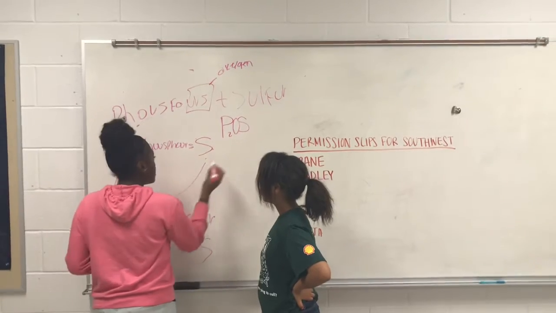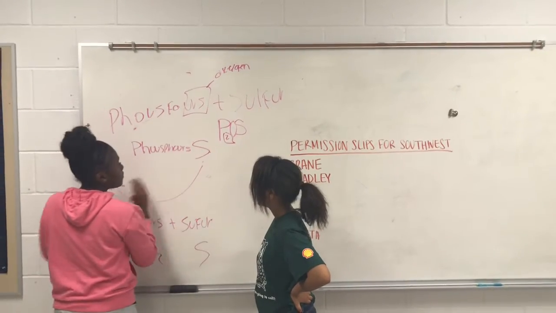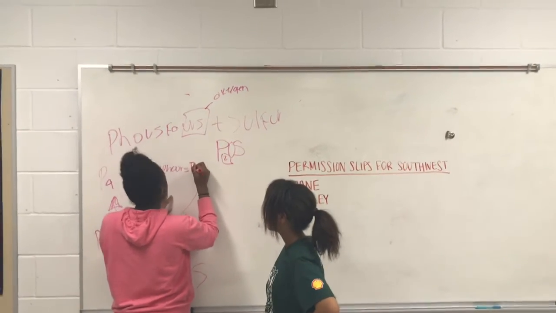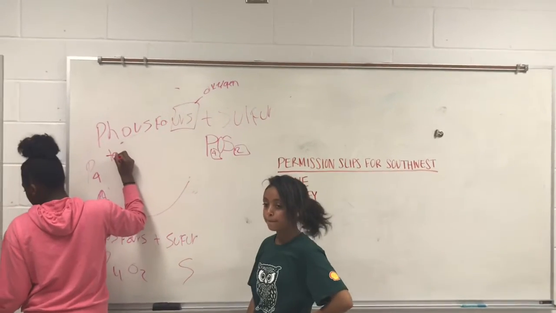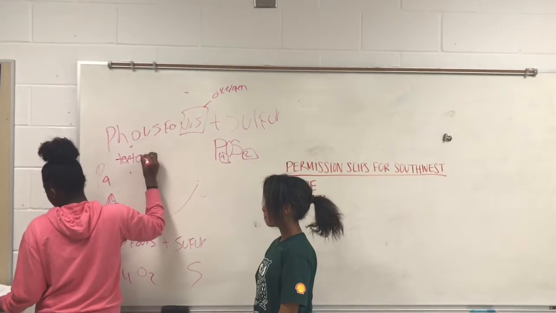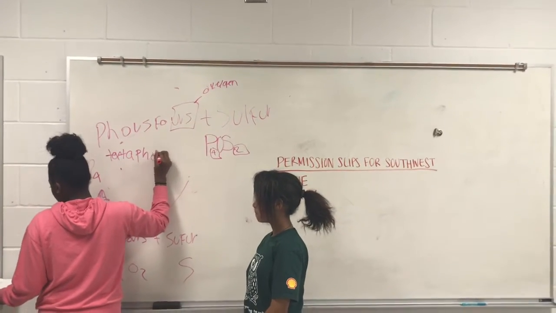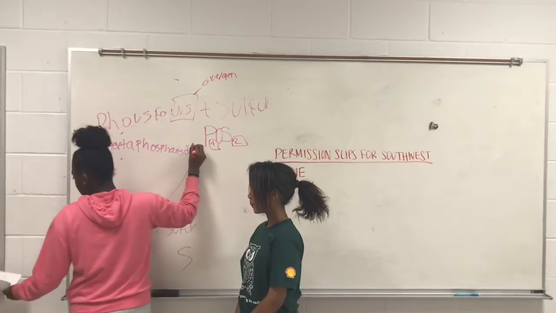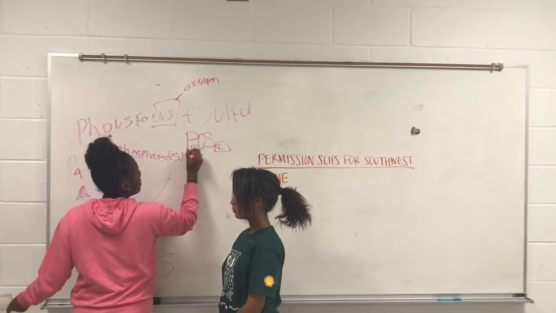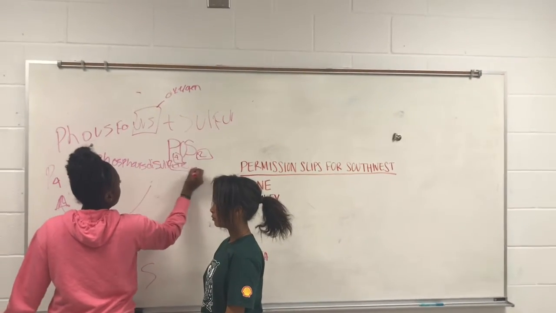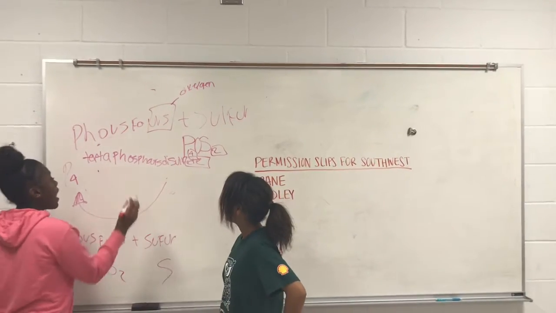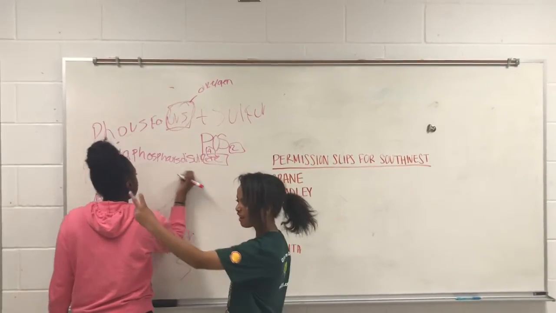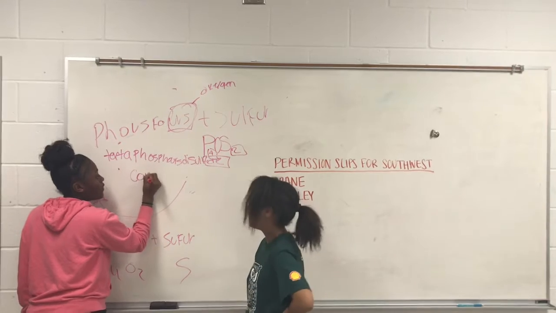And since it's a 2 right here, you put tetraphosphorus disulfide. And the reason why you would change the ending into ide from sulfur is because it is a covalent bond.